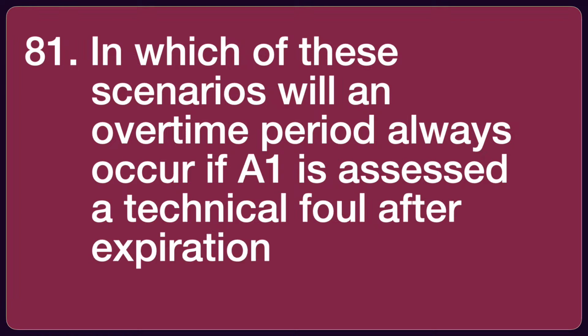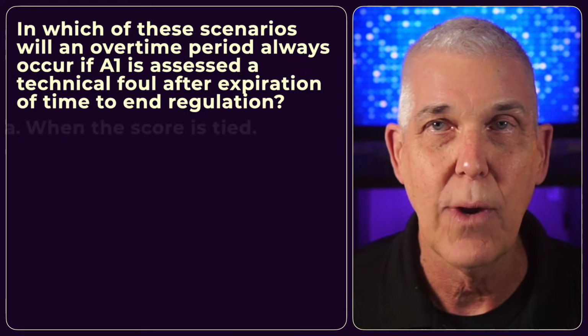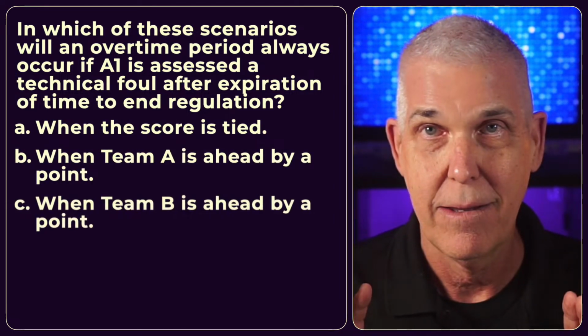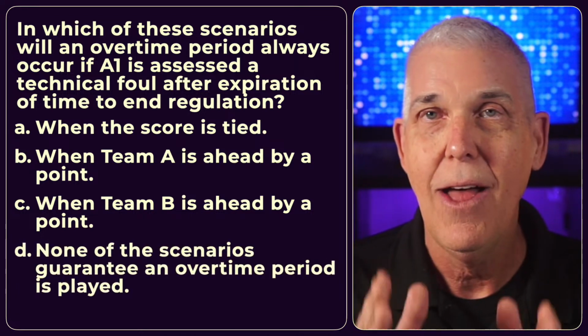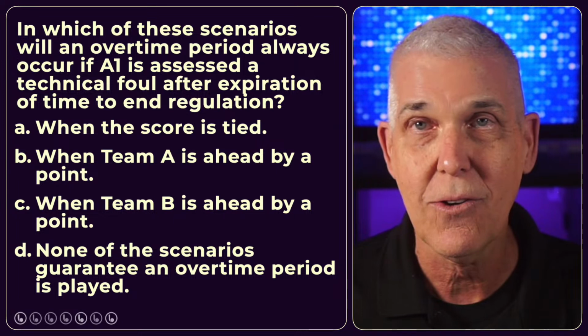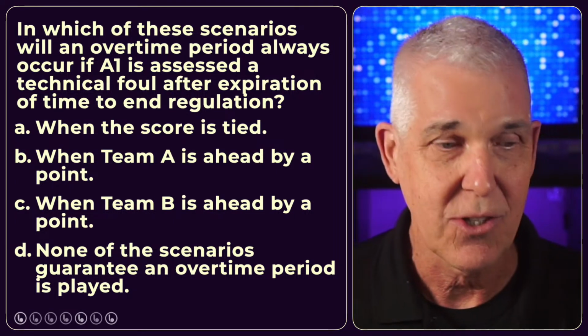In which of these scenarios will an overtime period always occur if A1 is assessed a technical foul after the expiration of time to end regulation? Wow. We have to get this situation right. We're assessing a technical foul after the expiration of time, right? Obviously a critical point in the game, potentially.